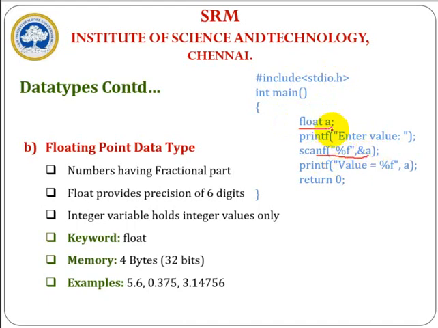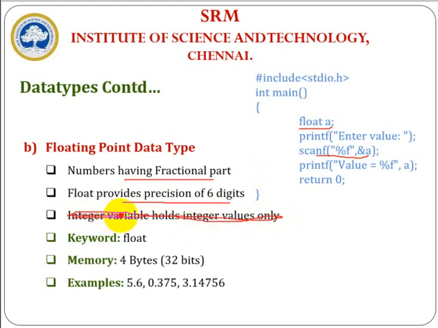Now this variable a will act as a float data type, and the float data type can have a fractional part, and the precision of that float data type is going to be 6 digits. A float variable can always hold real numbers.